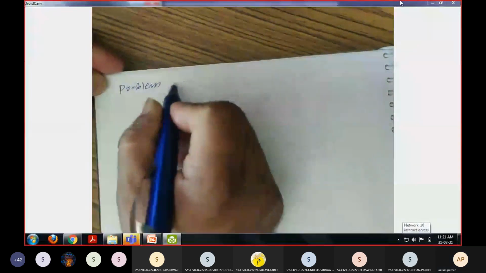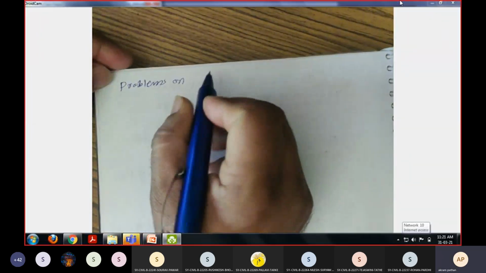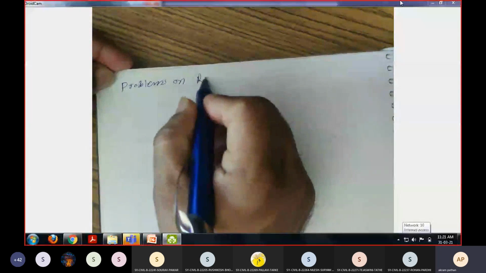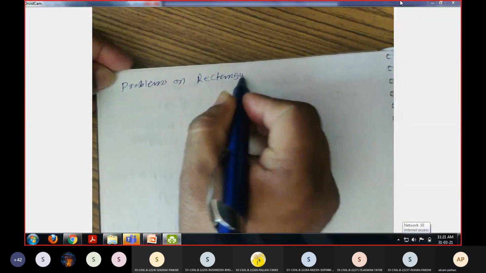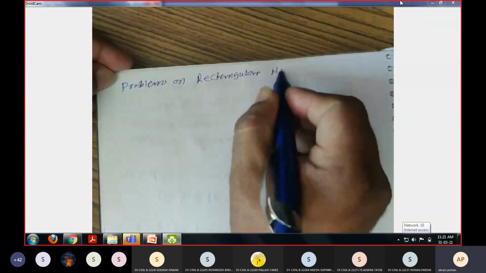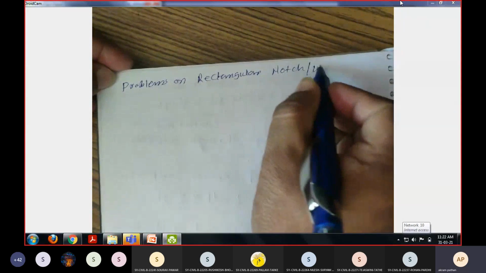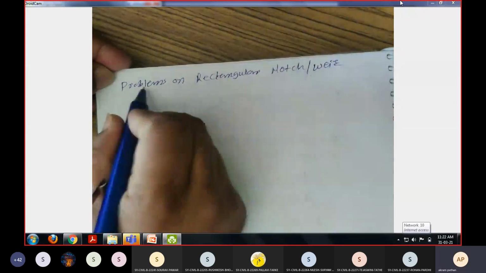So the first problems on a rectangular notch or weir.